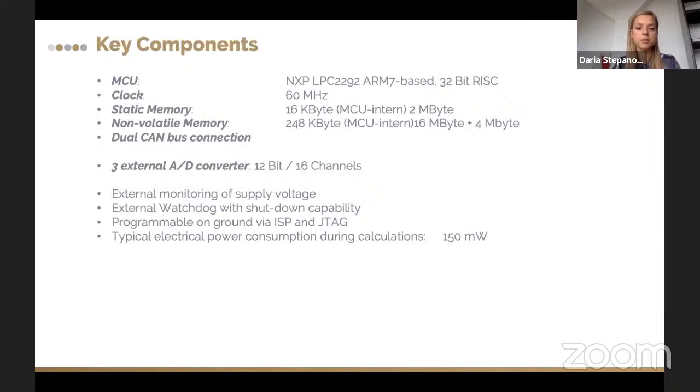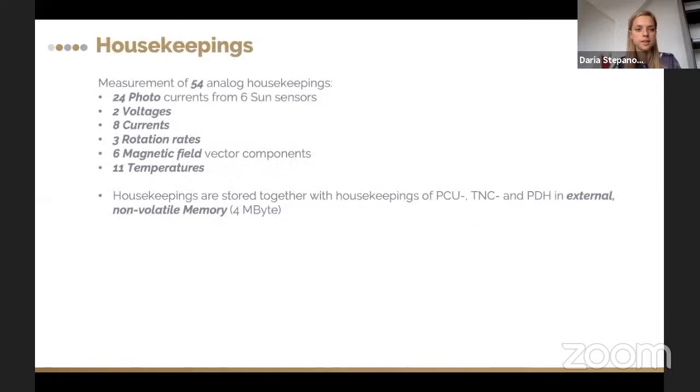It can monitor external supply voltages. It has an external watchdog with shutdown capability. It can be programmed either via SPI or JTAG, and it's pretty low power, only 150 milliwatts. So that's a pretty efficient architecture in terms of computational capability, memory capability, and power characteristics.